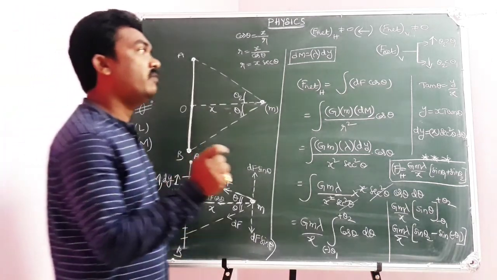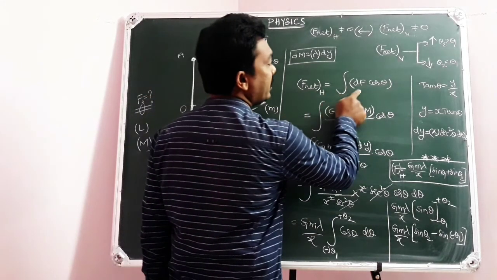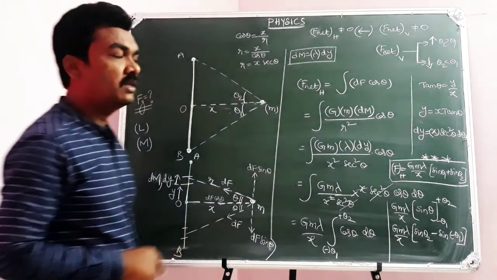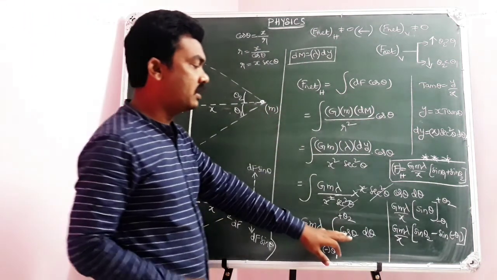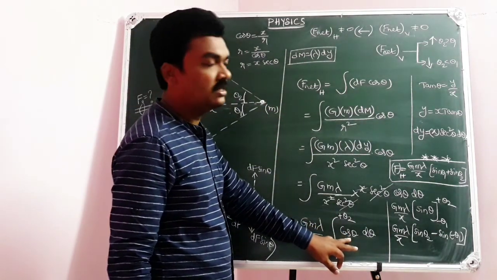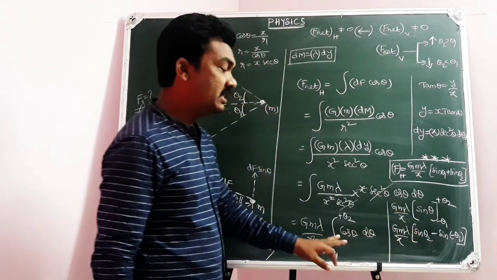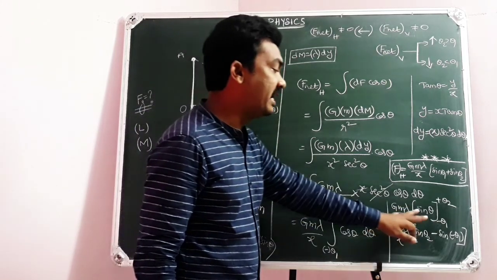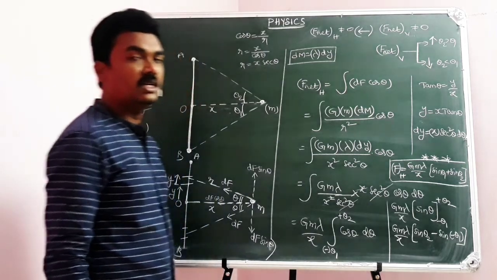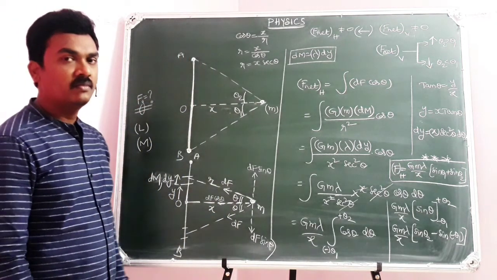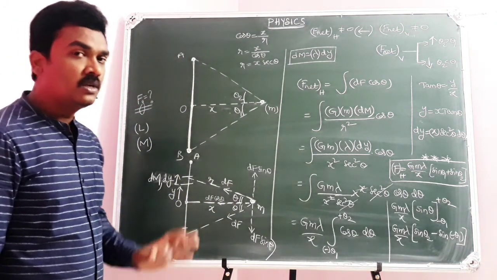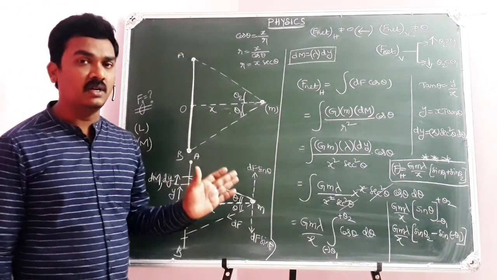Here minus cos theta, because the integral of sin theta is equal to minus cos theta. That's integration, and we will substitute the limits. Anyway, I write the conclusions for the net horizontal force and the net vertical force.